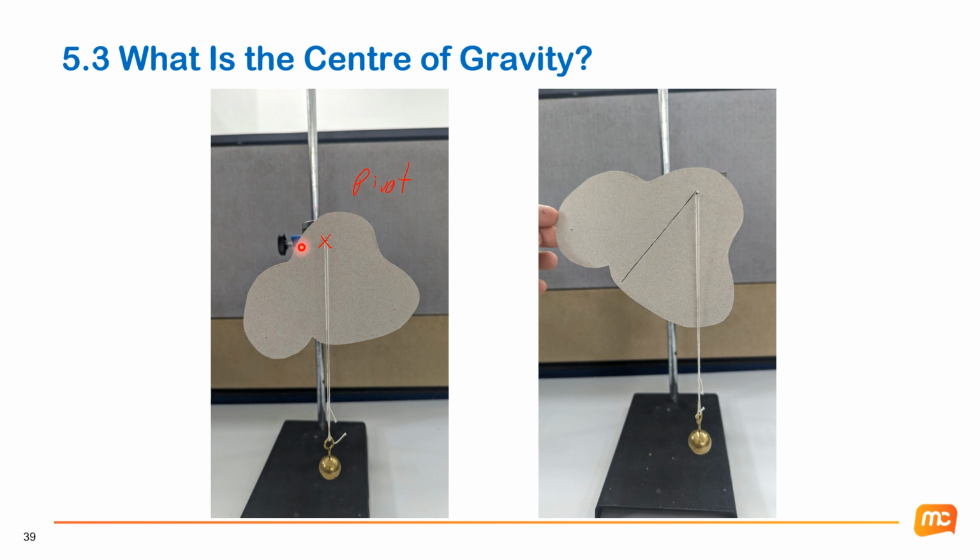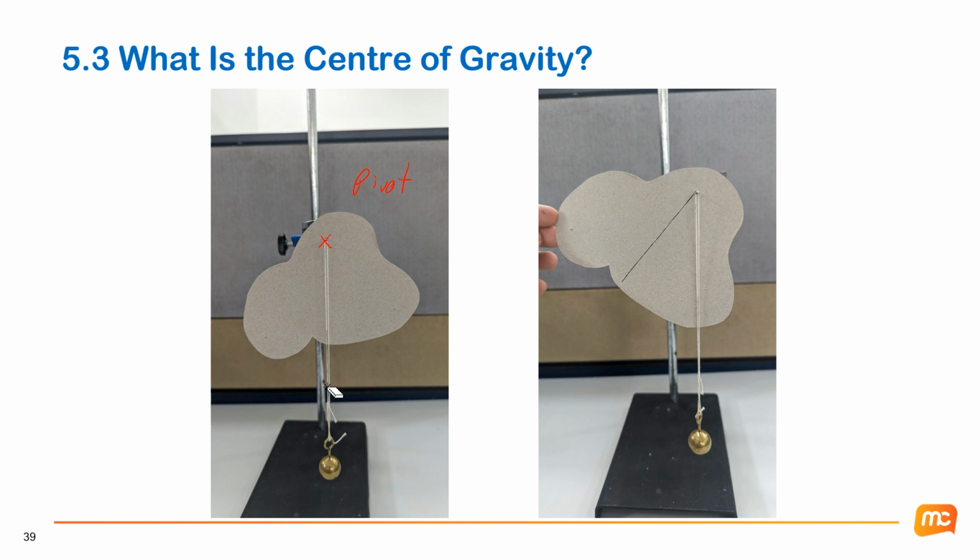So if this pivot allows the object to be in this orientation, what does that tell us about the weight of the object? It tells us that the weight of the object must be right underneath the pivot so that its line of action is directly passing through the pivot.